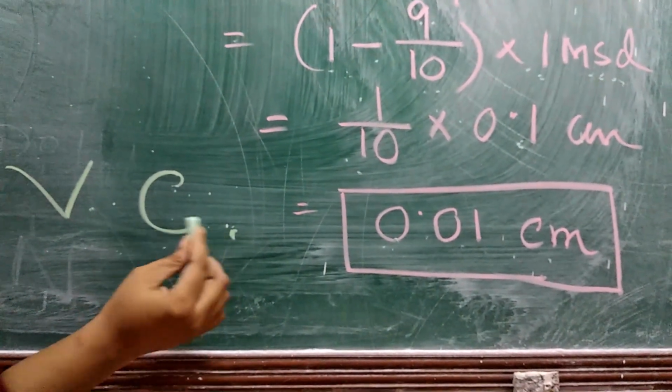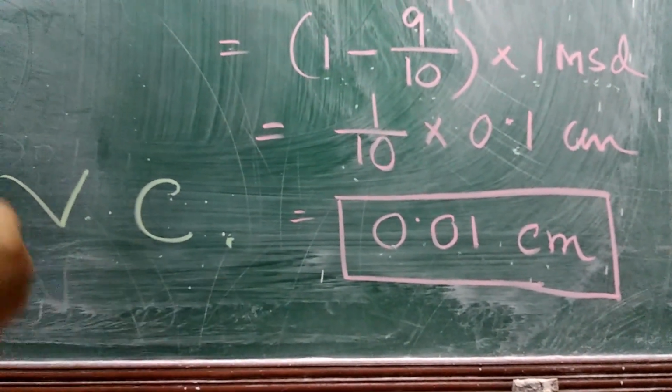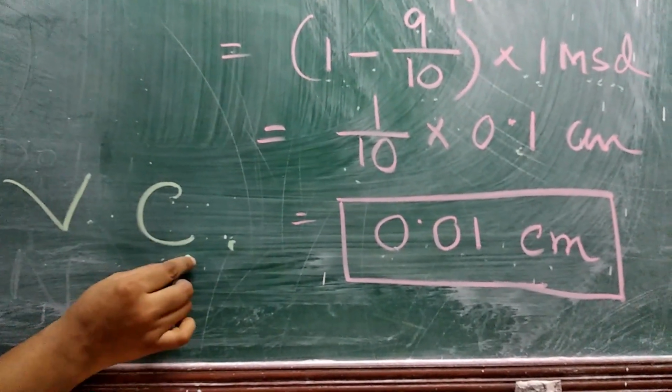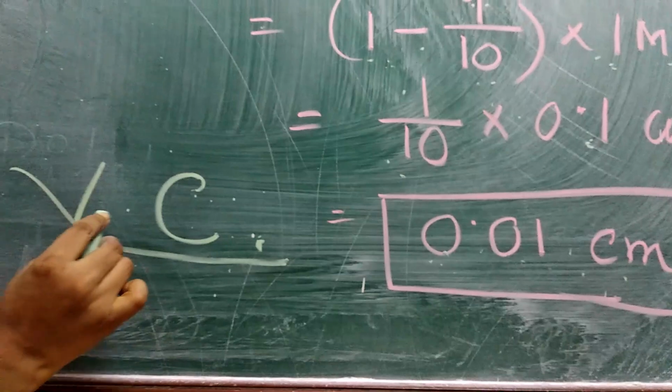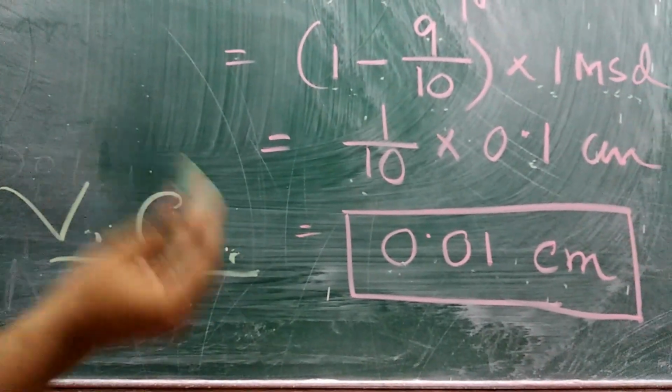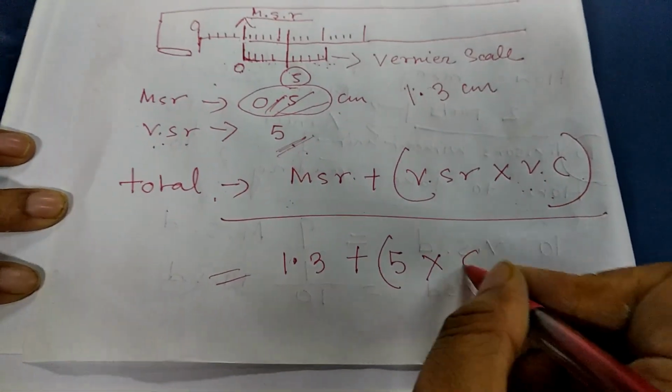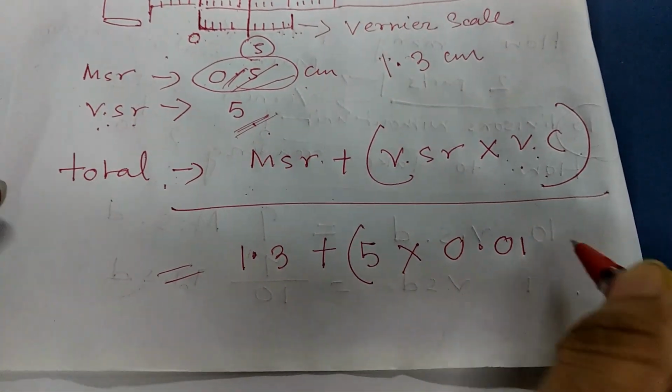Vernier constant may differ if you change the tool. So always derive the vernier constant whenever you are using another tool. So we found vernier constant 0.01 centimeter.